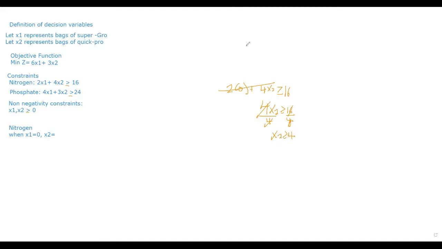This is how we do the workings. So x2 will be 4, and the point will be x1 first, 0, then x2, 4. With the same constraint, you make x2 equal to 0.